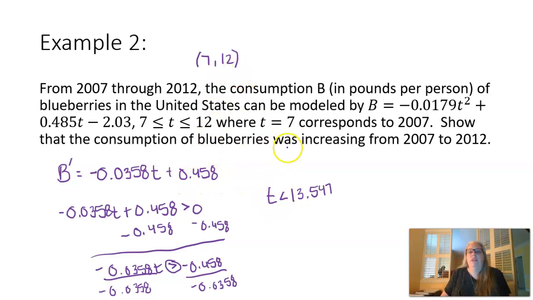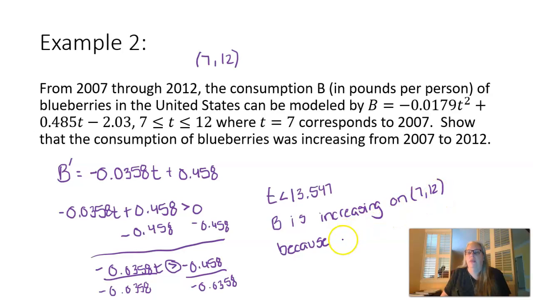So that means that it is increasing on the interval from 7 to 12, because the upper limit on our interval, 12, is less than the 13.547, which is all of the numbers that will keep us positive there. So we know that this is actually increasing on our interval.